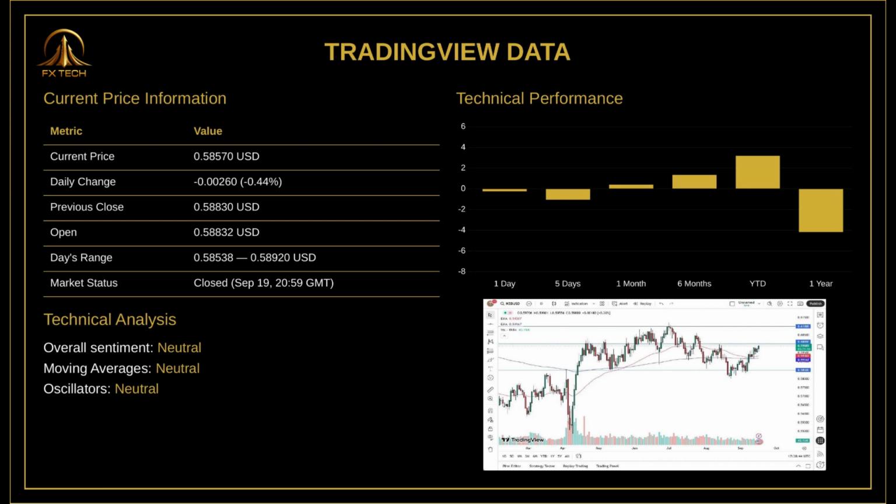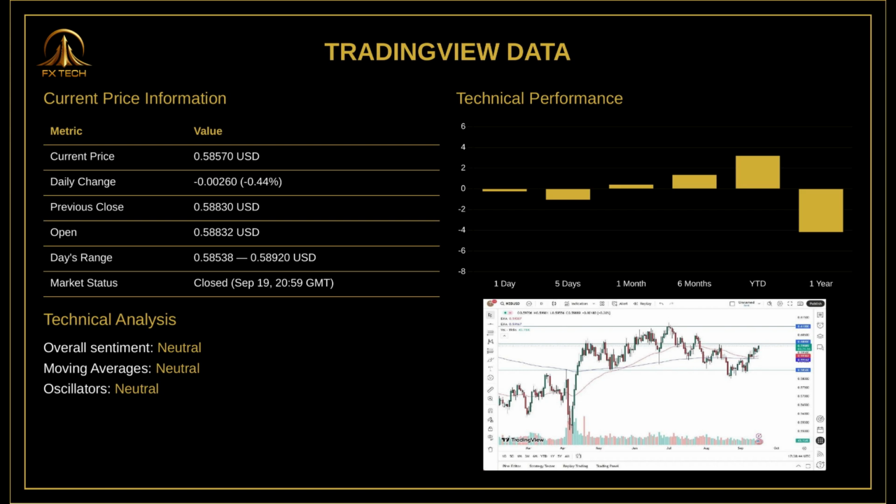Looking at the technical performance metrics, we can see mixed signals across different timeframes. While the pair has shown weakness in the short term with a one-day decline of 0.44% and a more substantial 5-day drop of 1.61%, the medium to longer-term picture shows some resilience.